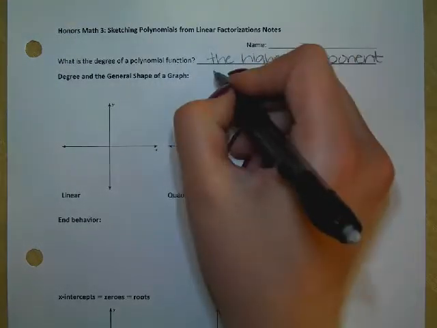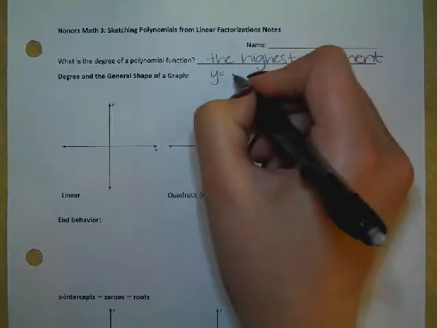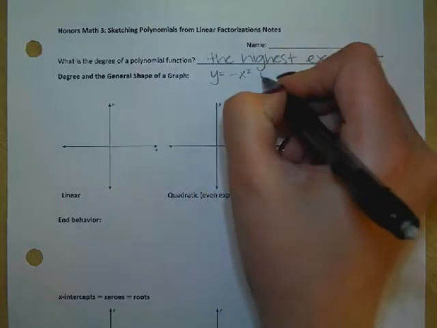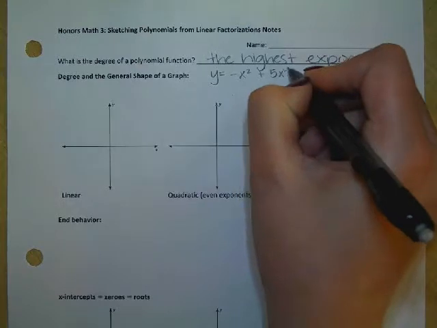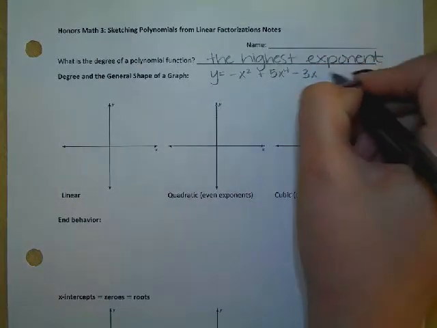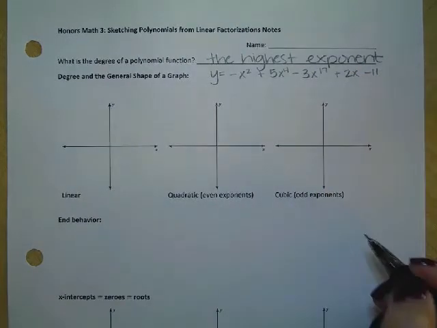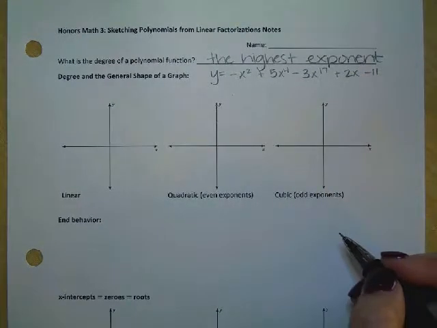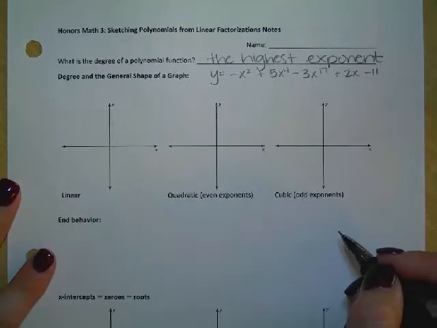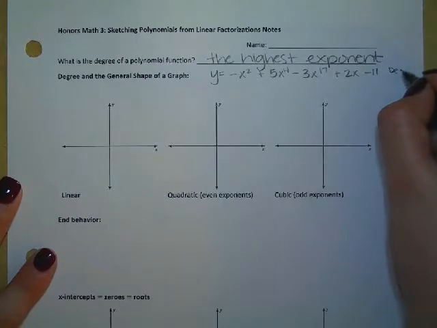So if you had a problem like y equals negative x squared plus 5x to the 4th minus 3x to the 17th plus 2x minus 11, you would ignore everything else and you would look for the highest exponent and you would say that this function has a degree of what? 17.